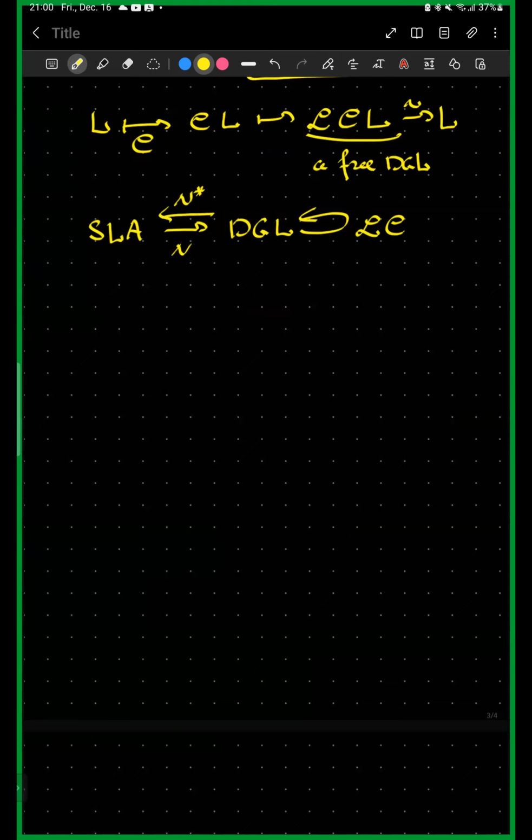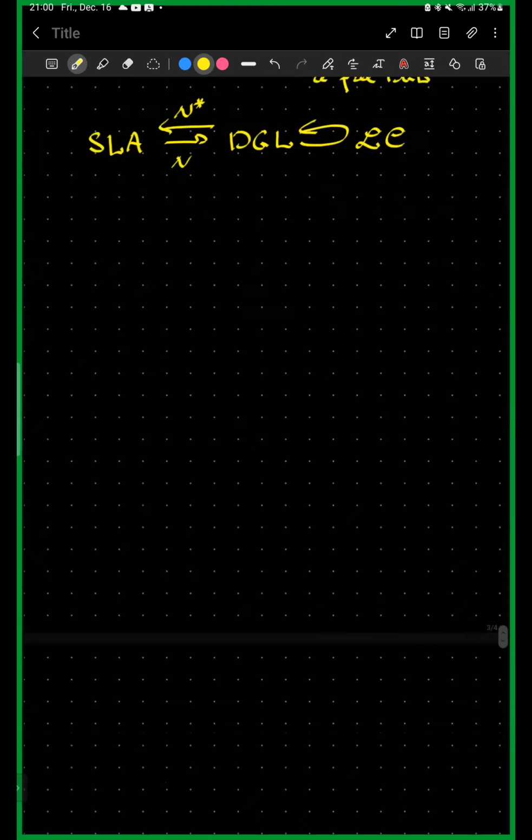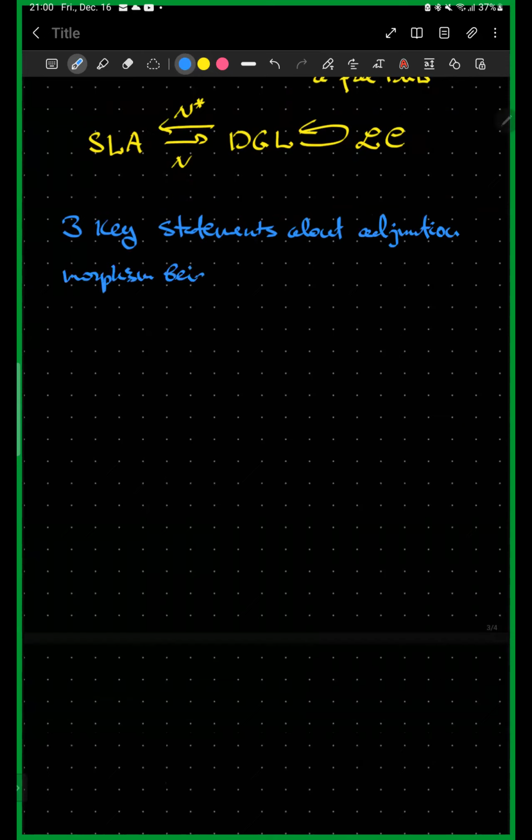So we have the following three key statements about the adjunction morphism in equivalence.